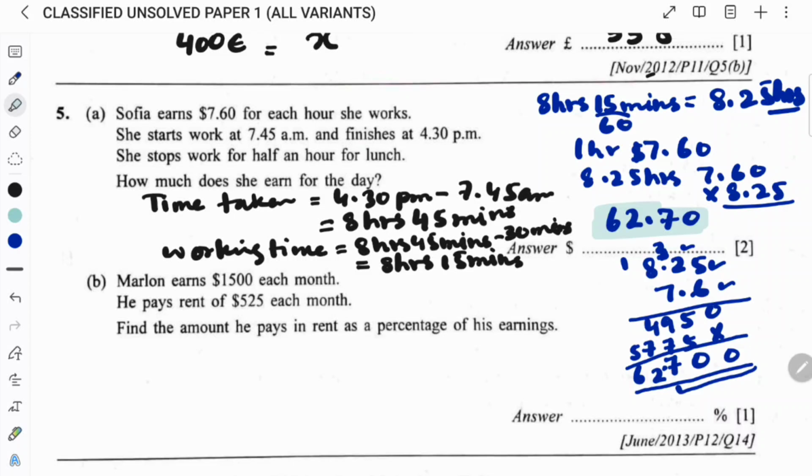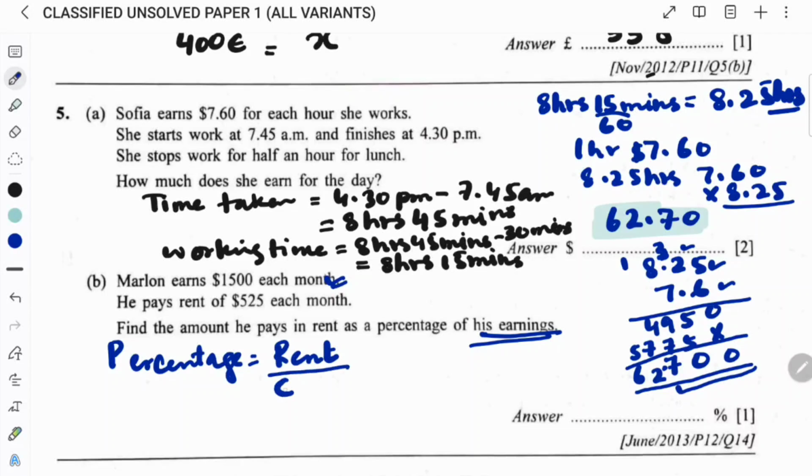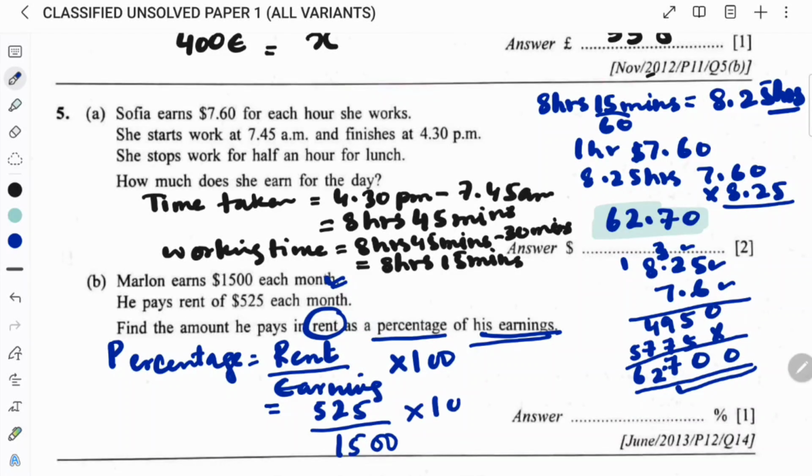So percentage will be equal to rent upon the earning, multiplied by 100. The question says, as a percentage of his earning, what rent percentage? Okay, rent is 525 divided by 1500 and then multiply by 100.